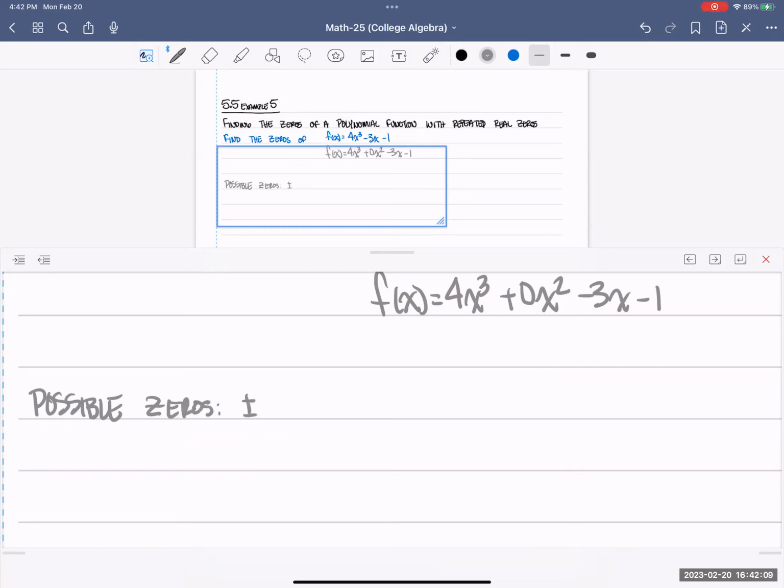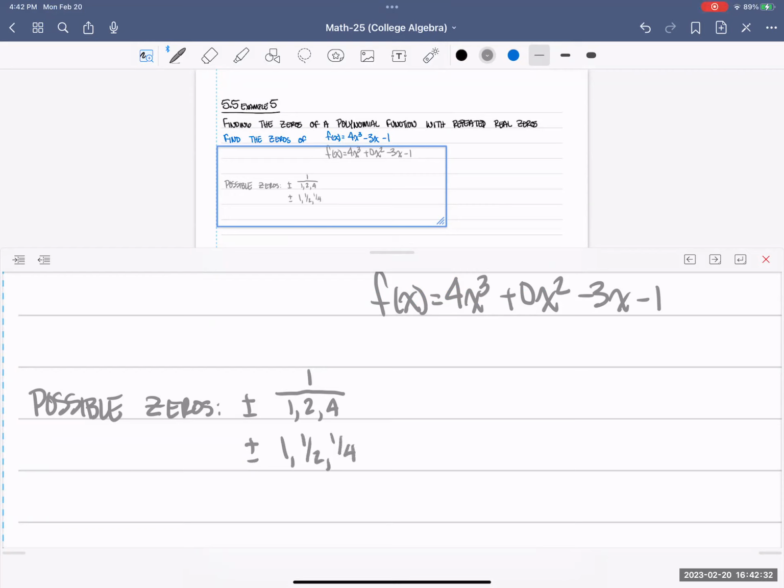So plus or minus factors of 1, which is 1. Factors of 4 are 1, 2, and 4, since 4 is divisible by 1, by 2, and by 4. So all the possible zeros are going to be in the form of 1 divided by 1 is 1, 1 divided by 2 is 1/2, and 1 divided by 4 is 1/4.